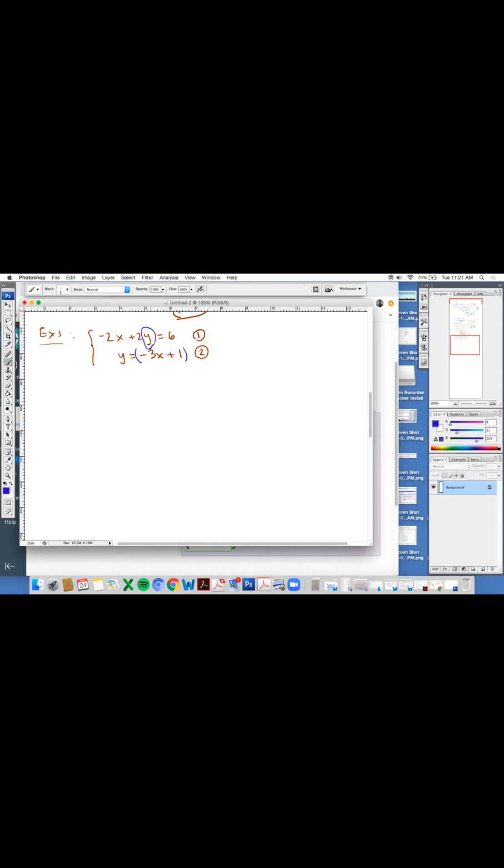All right, so we start with equation 1. You start with the equation that's not solved for y. So we're going to write negative 2x plus 2, and the y gets erased and replaced by that parentheses, negative 3x plus 1.